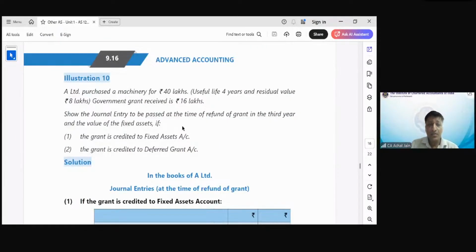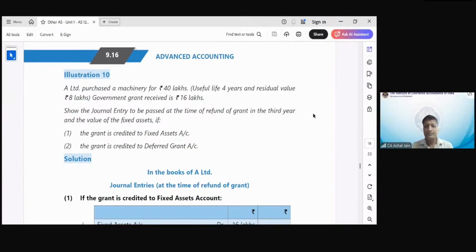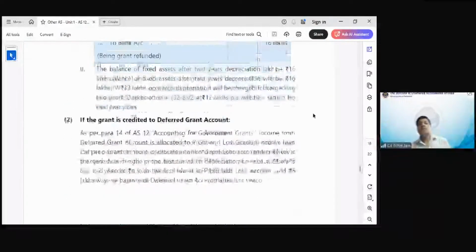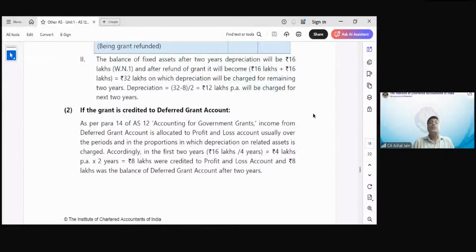Second part says, if the grant was credited to deferred income, then I think accounting will be even simpler. Now, we do not have the reduced value of fixed asset. So do we need to make any adjustment on fixed asset? No. Do we need to make any adjustment for depreciation calculation?